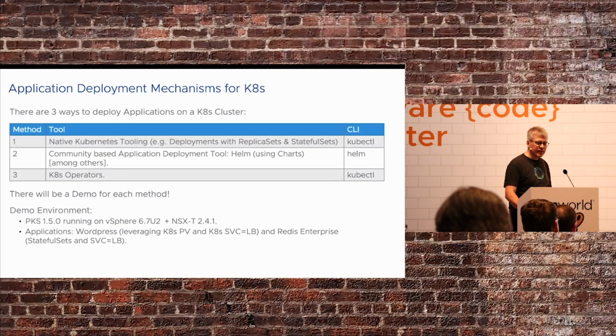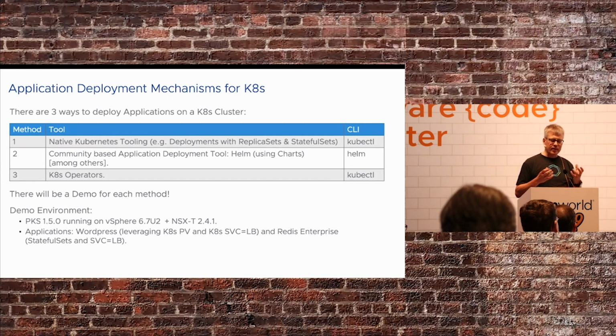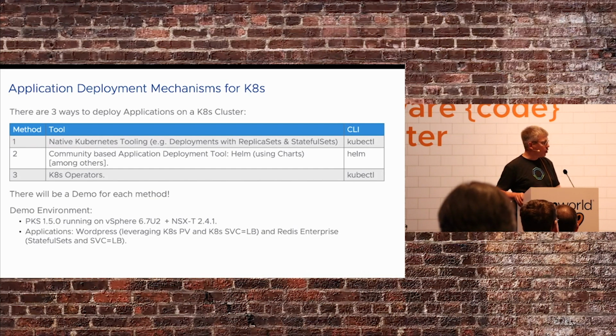So, as I said, the 3 methods. I'm not going to start about Kubernetes, you've heard it all over the place. The good thing is it's an architecture to build platforms. It's not just one thing. You have this API endpoint, which is normally load balanced, for example by the NSX-T load balancer, and you talk to that endpoint, and kubectl is doing that for you.